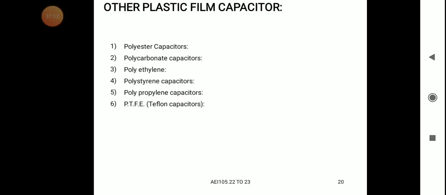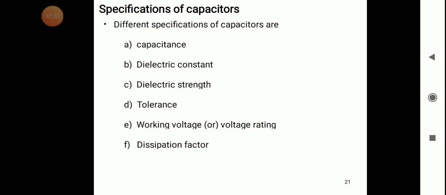Now we are going to discuss the next topic, the specifications of capacitors. Actually, what is the meaning of specifications?